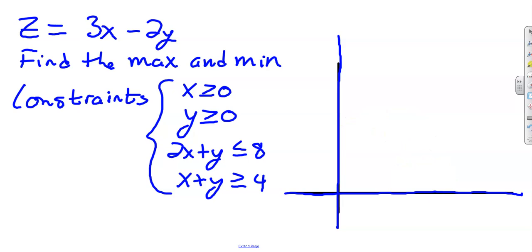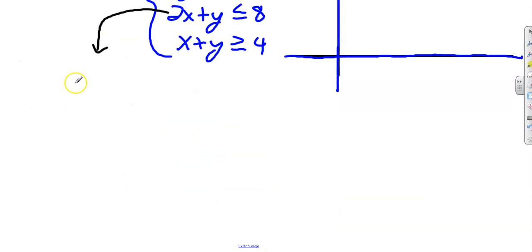Okay, so the last 2 lines, we've got to get those in y equals mx plus b form. For that one, just subtract away the 2x.